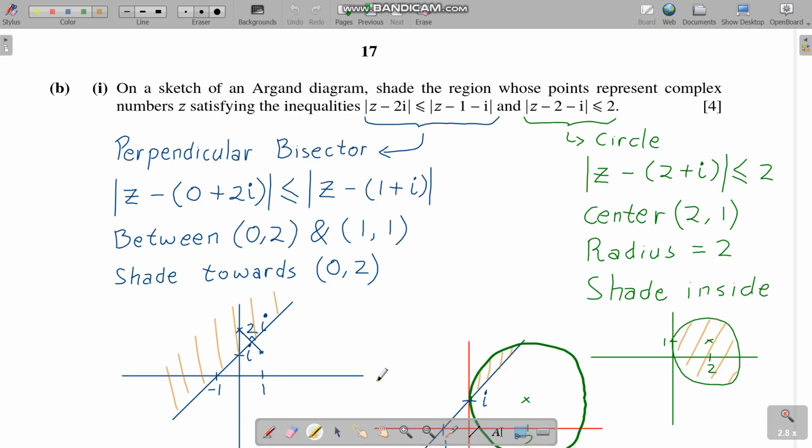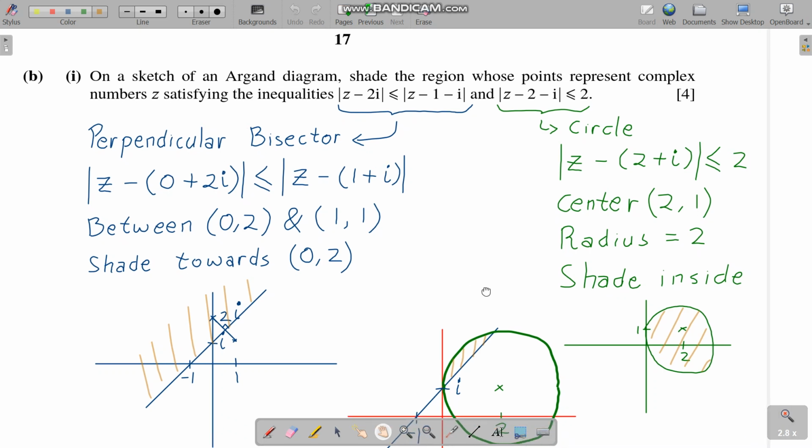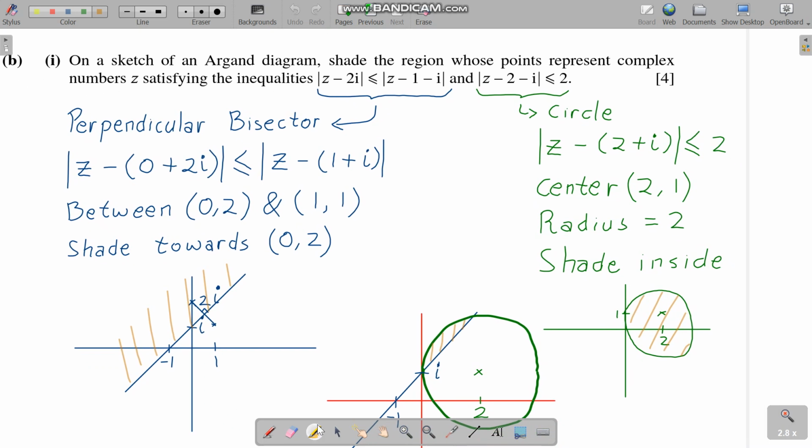Right, next part, locus. The first locus is, we have the absolute value of z on both sides. This is a perpendicular bisector. So to identify the 2 points, we have to use the z minus z1 form.